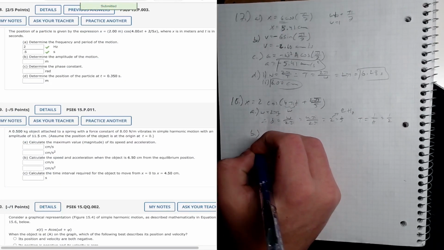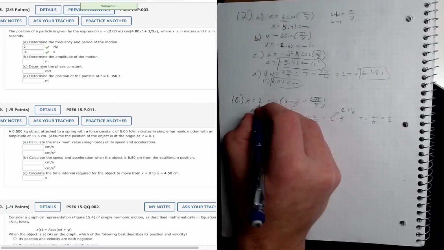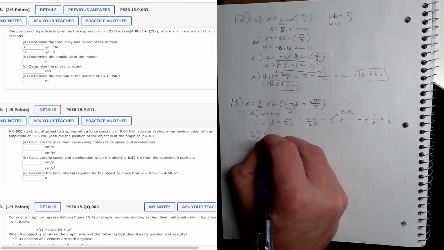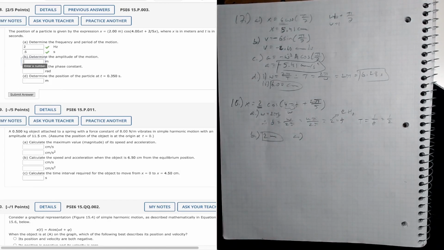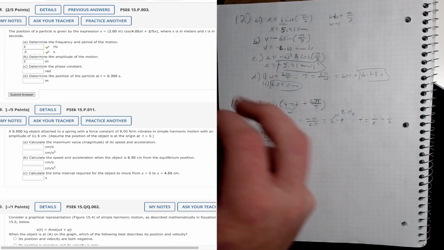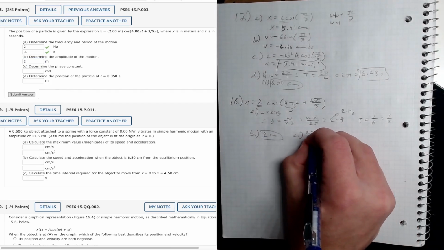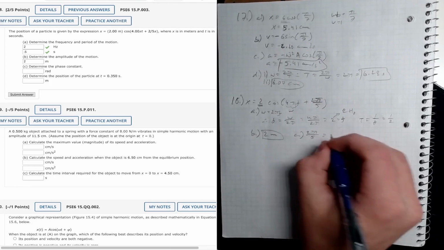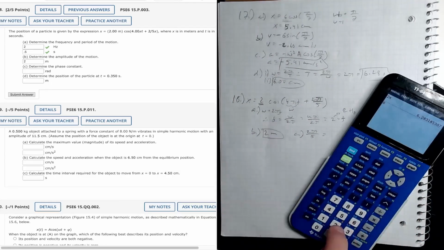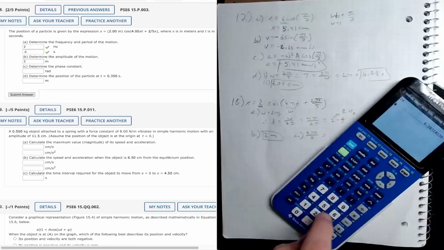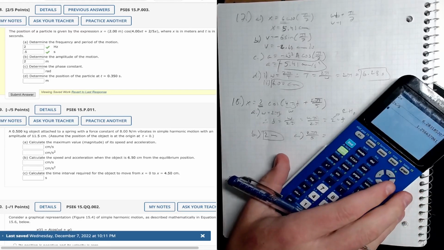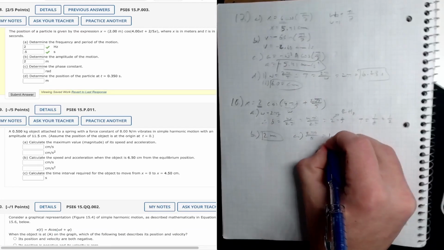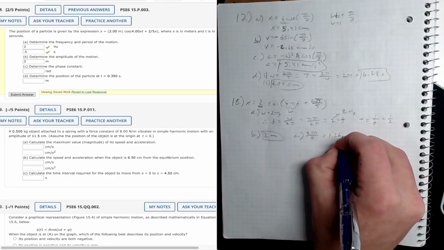Now part B, the amplitude of the motion is going to be 2 meters because it's just this value right here, 2 meters. Part C, determine the phase constant. Phase constant is 2 pi over 5, which is 2 pi divided by 5, 1.26 radians.